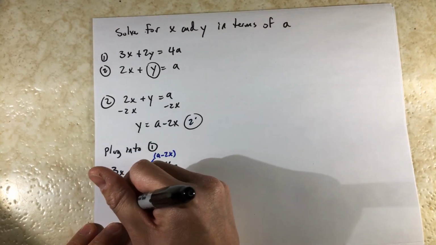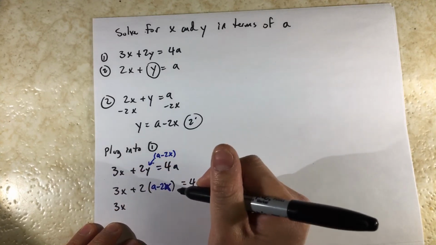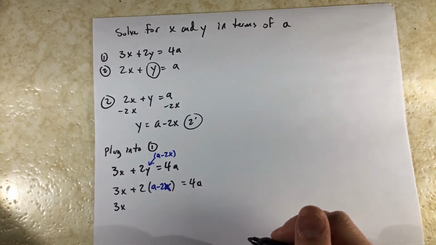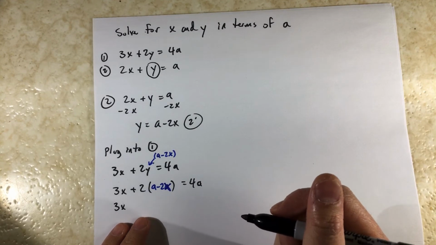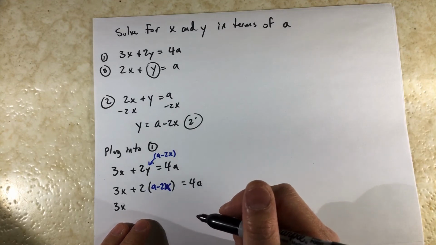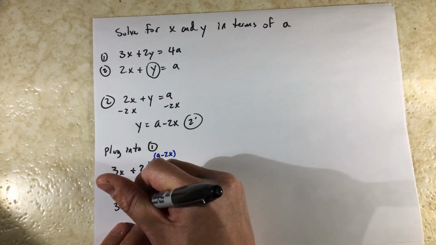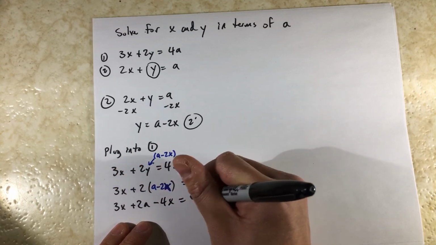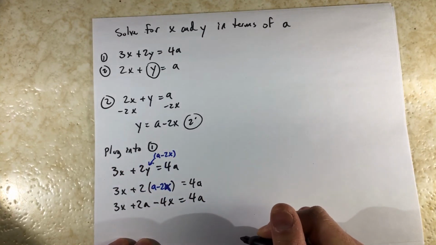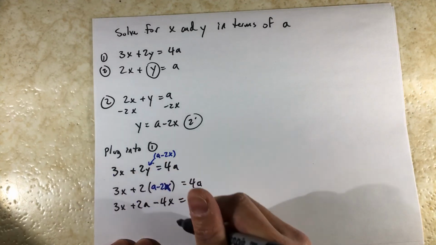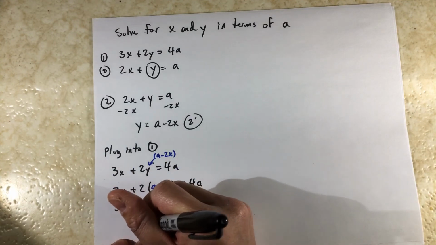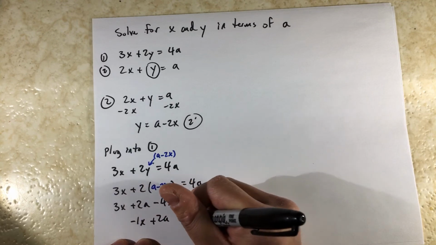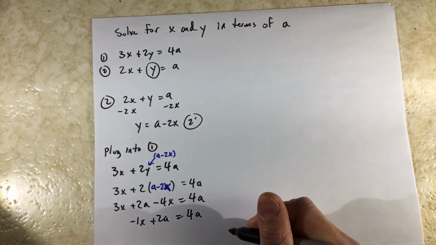If I make a mistake, just tell me, write a comment or something, and I'm not redoing this video, but I'll add some sort of note to say that I made a mistake. 2a minus 4x is equal to 4a. Okay, so combining, 3x minus 4x is negative 1x, plus 2a equals 4a.